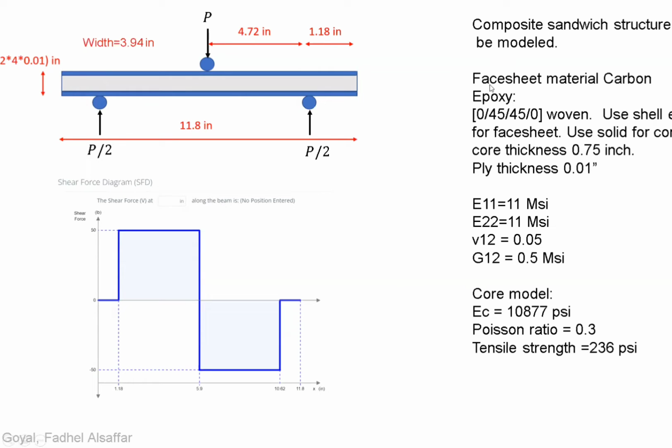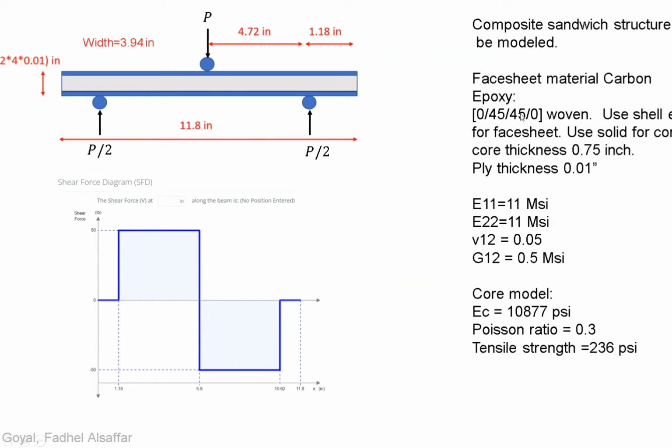In this case, the face sheet material is provided as carbon epoxy, and the laminate of the top face sheet is provided as 0/45/-45/0, meaning that the fibers of the first ply are oriented in the X direction. The 45-degree ply is oriented 45 degrees from the X direction, so it's rotated.